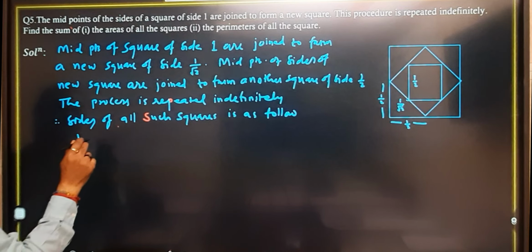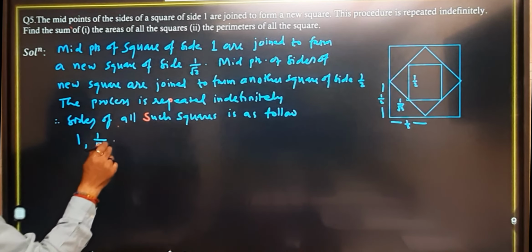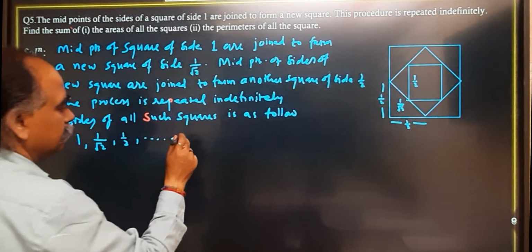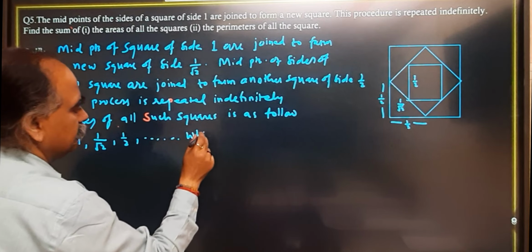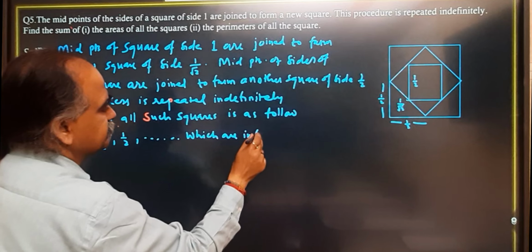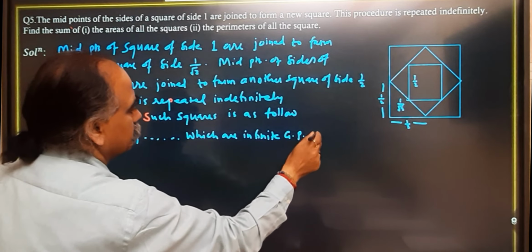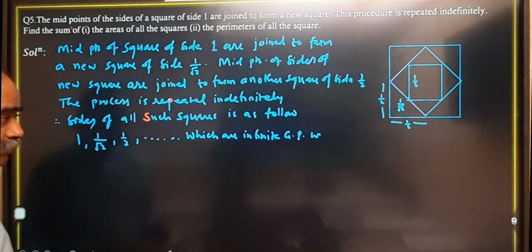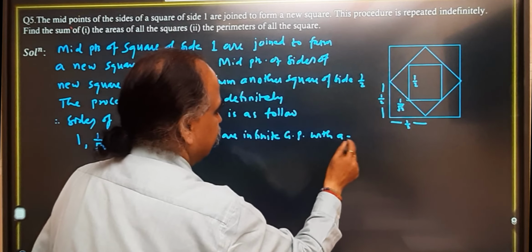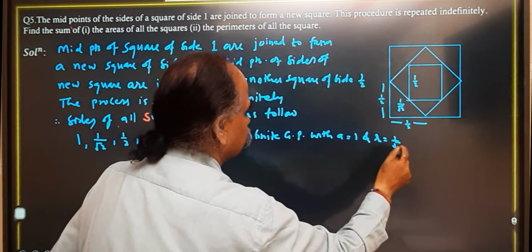First one is 1, then 1/√2, then 1/2, and so on, which are an infinite GP with A1 and common ratio 1/√2.